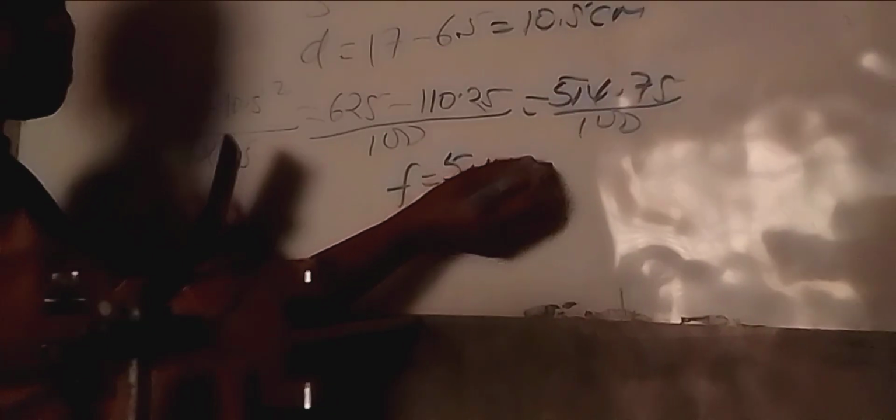So 625 subtract 110.25 is 514.75, divided by 100. Taking 2 decimal points, 5.1475. So we can take that approximately as 5.12 centimeters by using the displacement method.